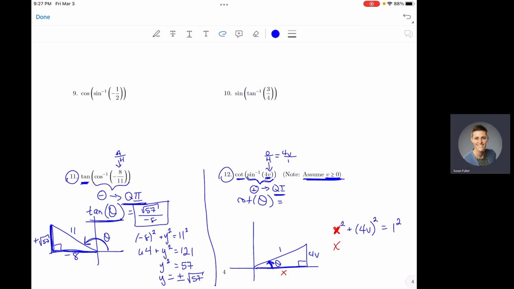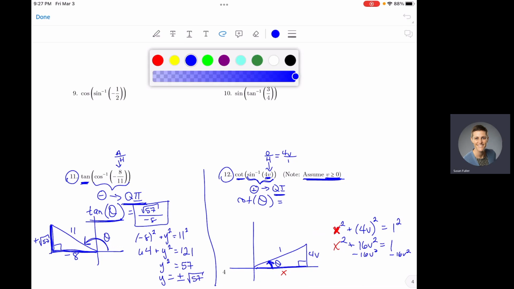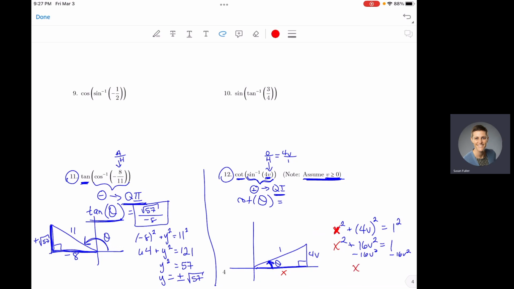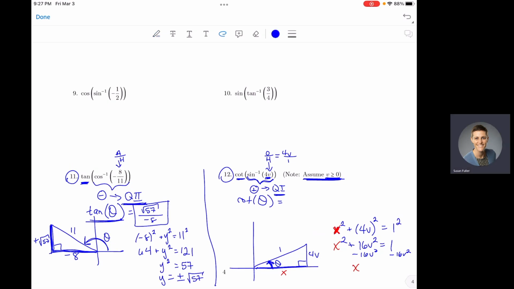So we have x squared plus 4v, that quantity squared, turns into 16v squared, and 1 squared is 1. Now I'm still trying to get x by itself, so I'm going to subtract 16v squared from both sides. And so I'm going to have x squared equals 1 minus 16v squared.